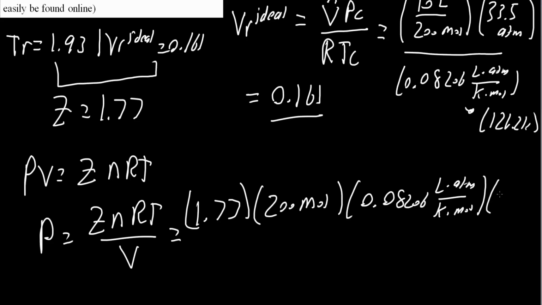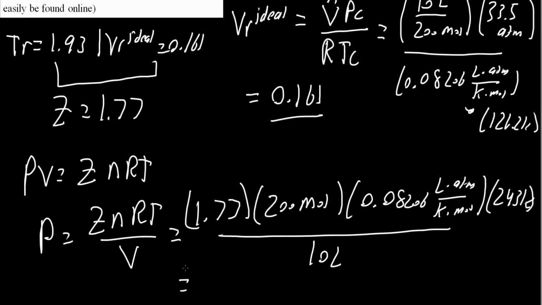Finally, temperature was 243 Kelvin, and this part would be divided by volume, which was 10 liters. Now if we use a calculator, we would get 706.3 ATMs. This is the final answer to our problem, and that's all we need to do.